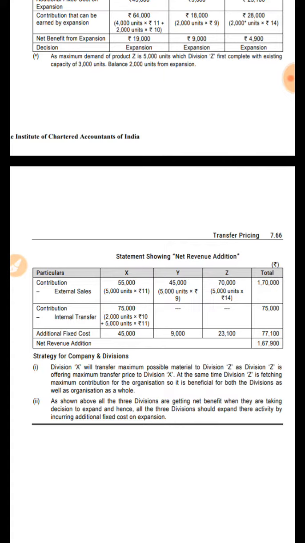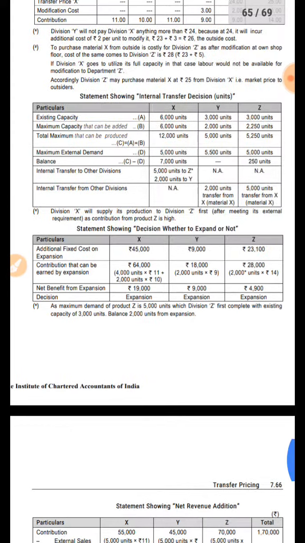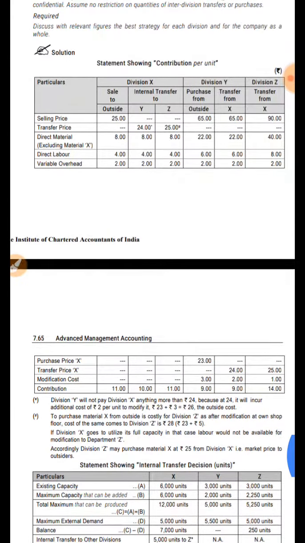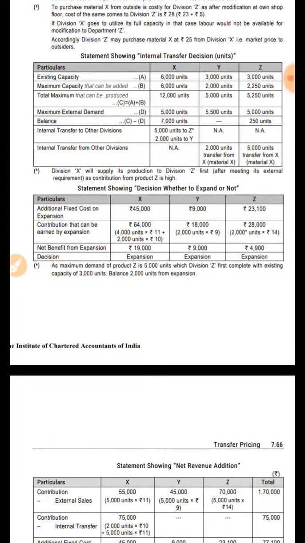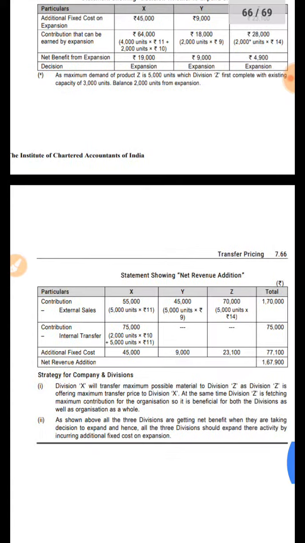Then Y 45,000, 5,000 units into rupees 9. So it is selling outside now. Okay, rupees 9. Either it's getting 9 rupees contribution. Okay, so where it is, 5,000 into 9, 45,000 is the contribution.